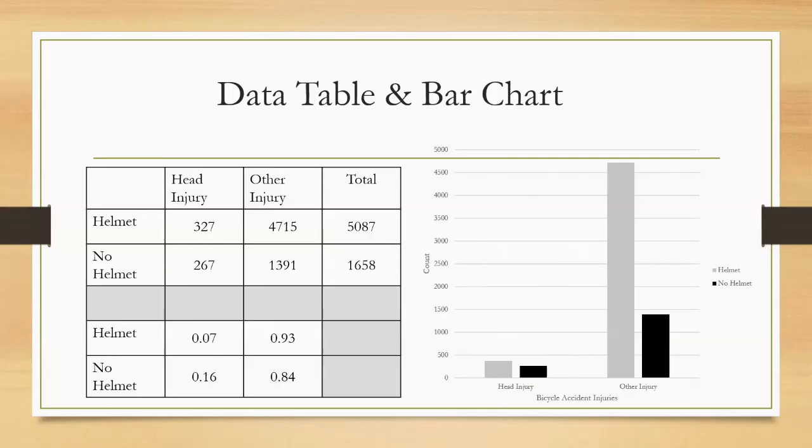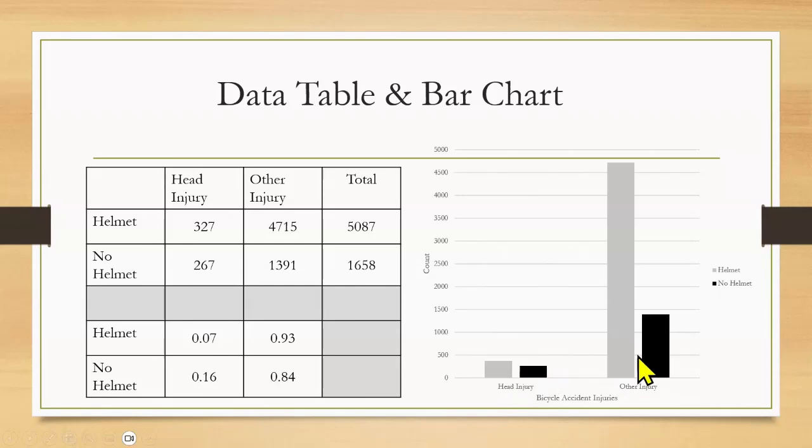So what can happen when you have a big difference in sample size between your variables is that you can see results like this, where they seem like not to make too much sense. What we're curious about when we're looking at the independence or dependence of wearing a helmet or not versus head injury is we want to compare the head injuries of individuals wearing a helmet versus no helmet.